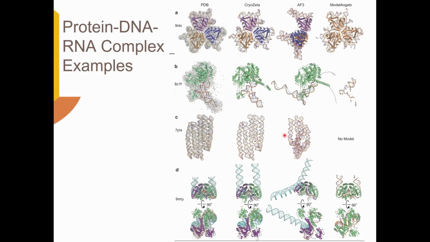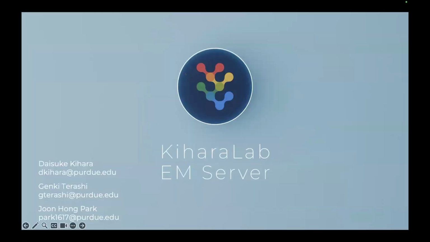Okay, so that's all I have. I'll now pass it to Junhong, who will briefly explain the website. Yes. Hello, everyone. My name is Junhong Park, and I'm excited to introduce the EM server to you.